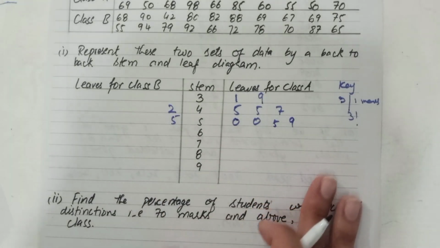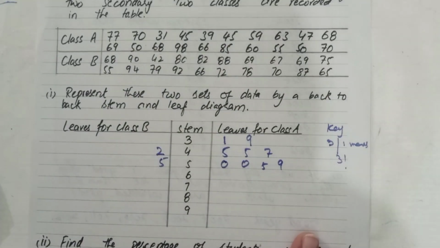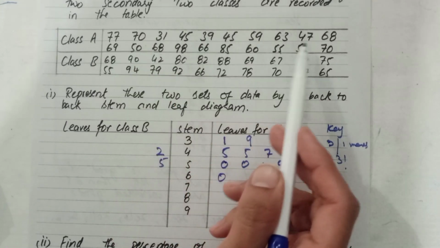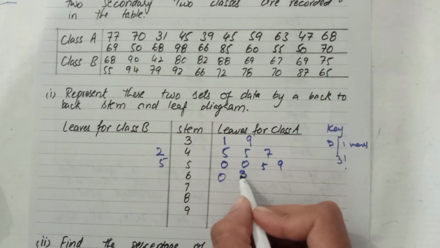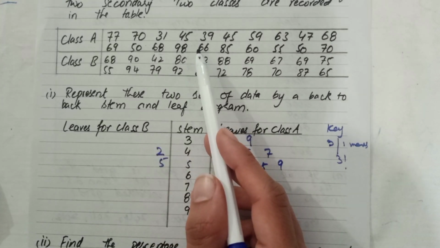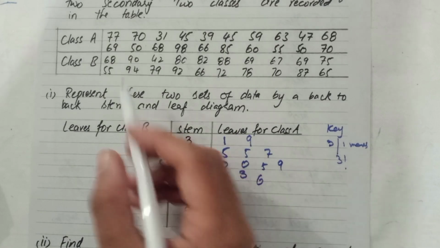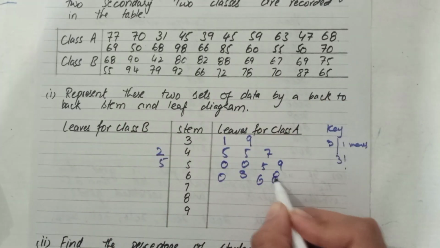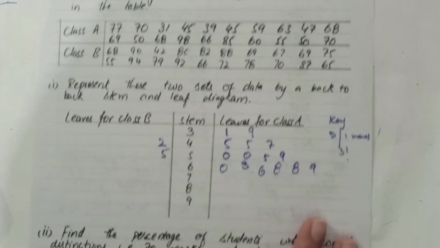And stem 6, that is 0, 3 and 6, 8 and 8, 2 eights and 1 9.